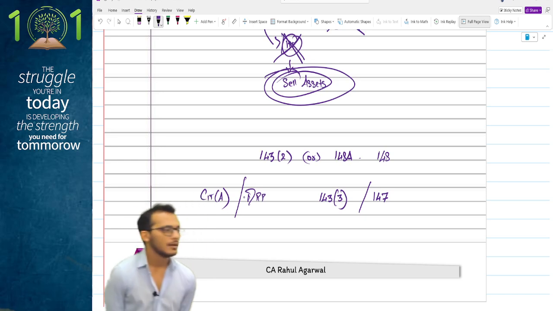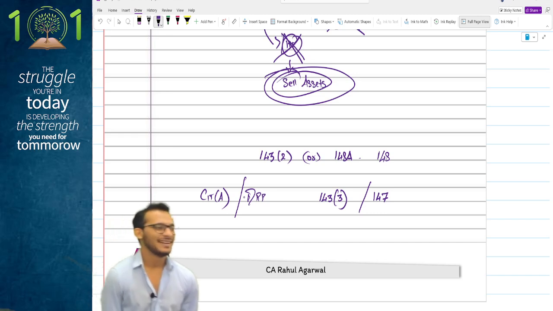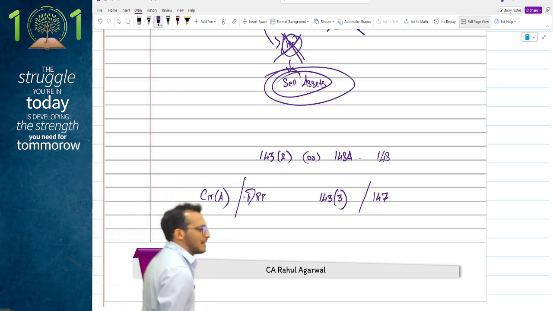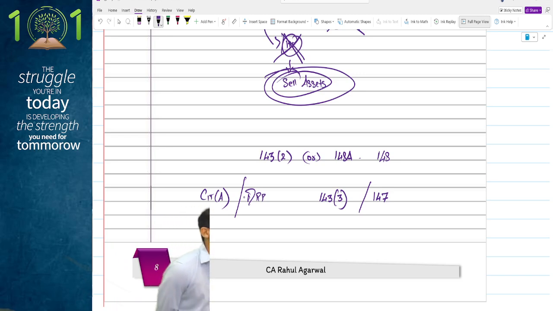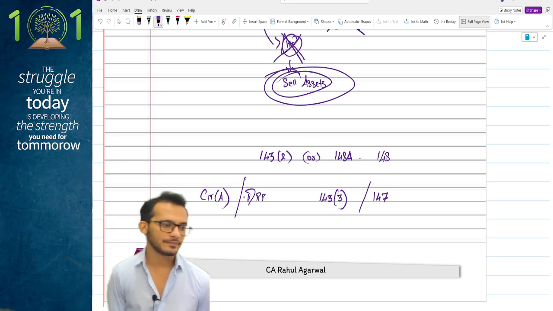Continue. Interest under section 220 / 234D.